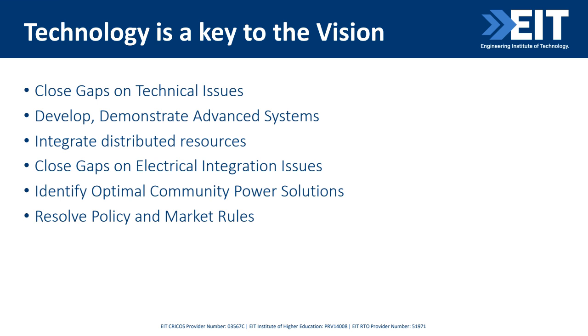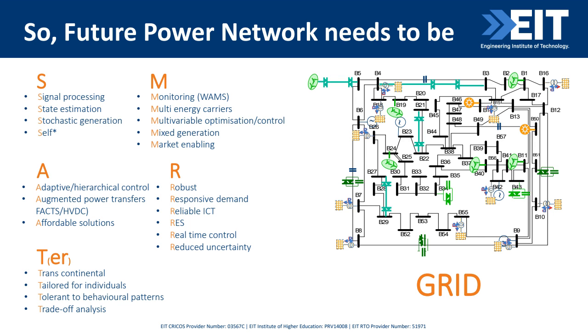So my friends, I am looking at a very smart grid. S is for signal processing, state estimation, stochastic generation, self-healing. A is for adaptive, augmented power transfer, affordable solution.